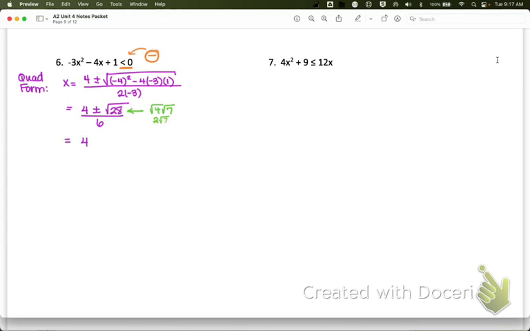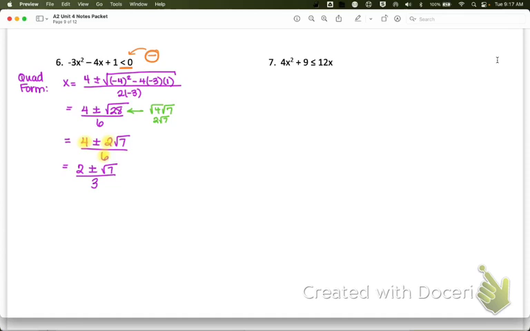And now that I have 4 plus or minus 2 root 7 over 6, the 4 and the 2 and the 6 are all not inside the square roots, so we can divide all of those by 2. And so the best answer is 2 plus or minus 1 root 7 over 3. Those are our x-intercepts.